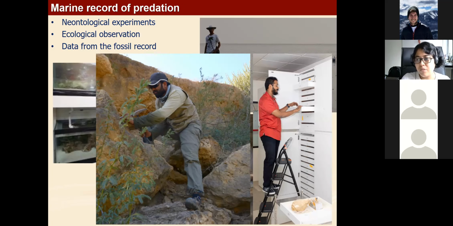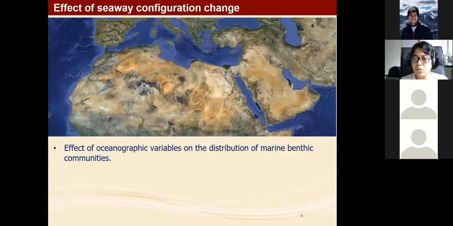Now, it may seem very simple, and we will see some of the hurdles that I faced. But before we go into that, it's important also to understand what my interest is in terms of India, not just because I am from India, but because of some of the aspects that we can use Indian collections for. So one of the questions that I'm interested in is the effect of seaway configuration on the overall diversity and paleogeography of organisms.